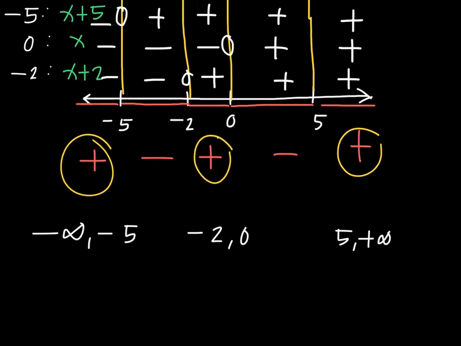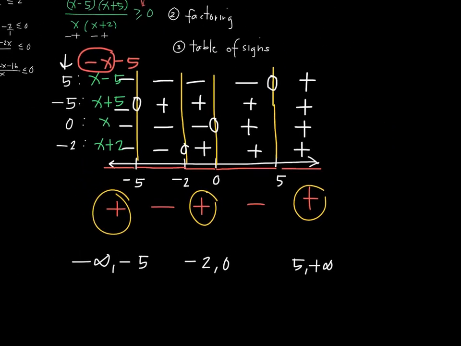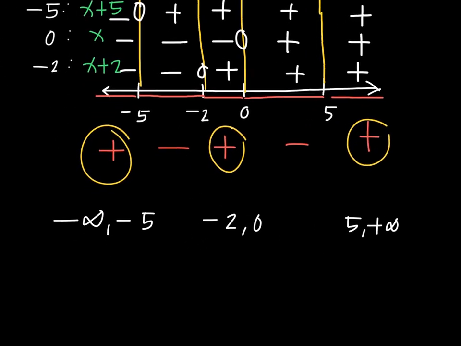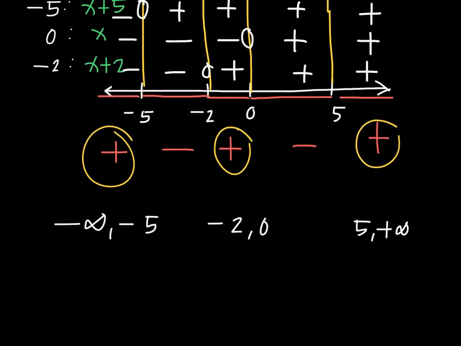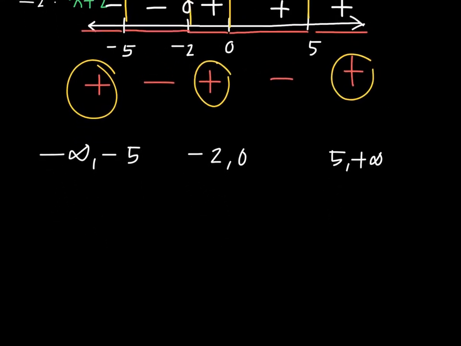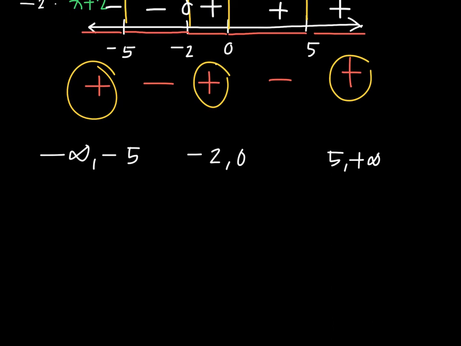Now, very critical in the final solution is the placing of a bracket or a parenthesis. Remember, in a given interval we use a bracket if we want to include the number, but we use parenthesis if the number or numbers are not included.